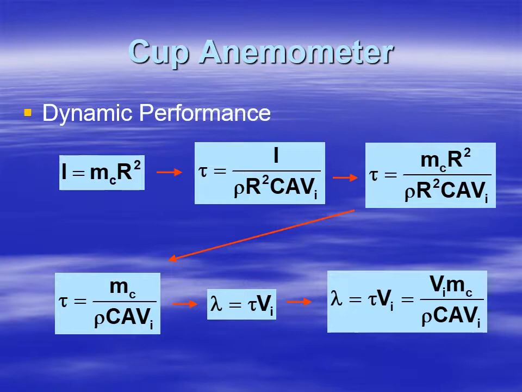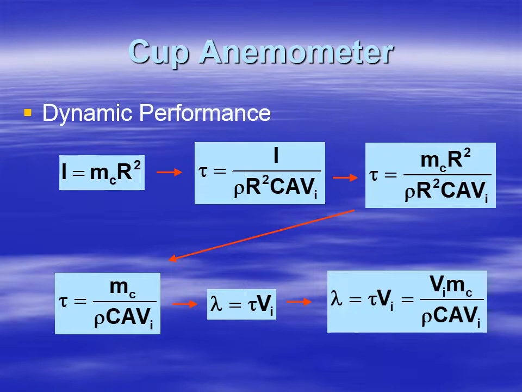Now what we're going to do is put that tau into our equation for the distance constant, and that equation says that the distance constant is equal to tau times v_i, in other words, the initial wind speed. So your tau is all that stuff there, m_c over rho C_d A v_i. We'll put that into the equation.